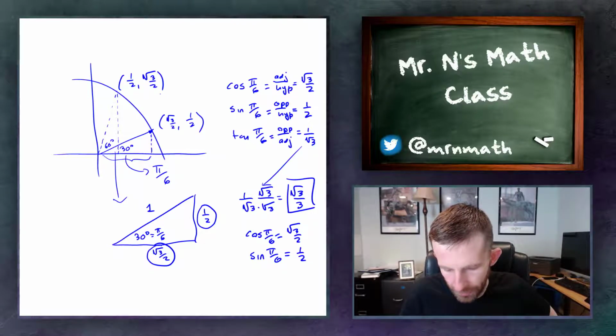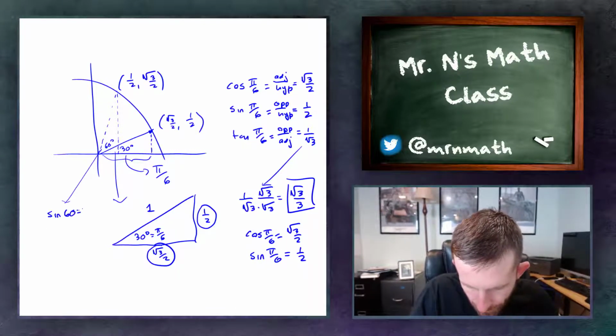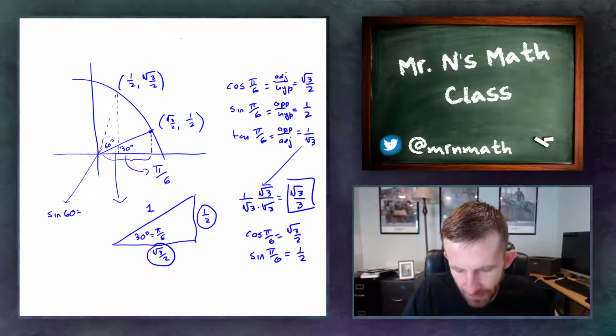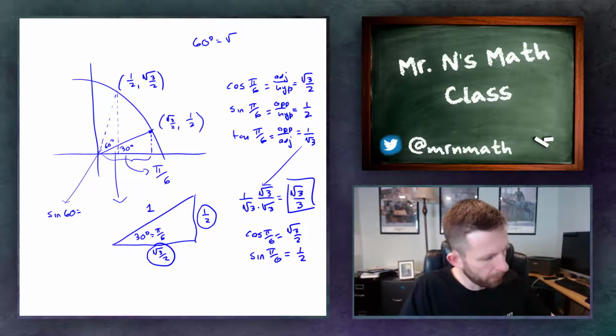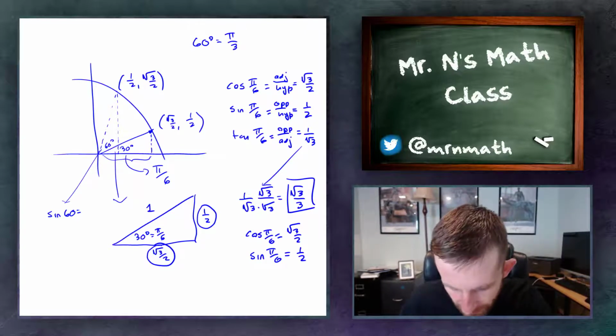If I do sine of 60, by the way, 60 degrees is the same as pi over 3. So that's good to know.